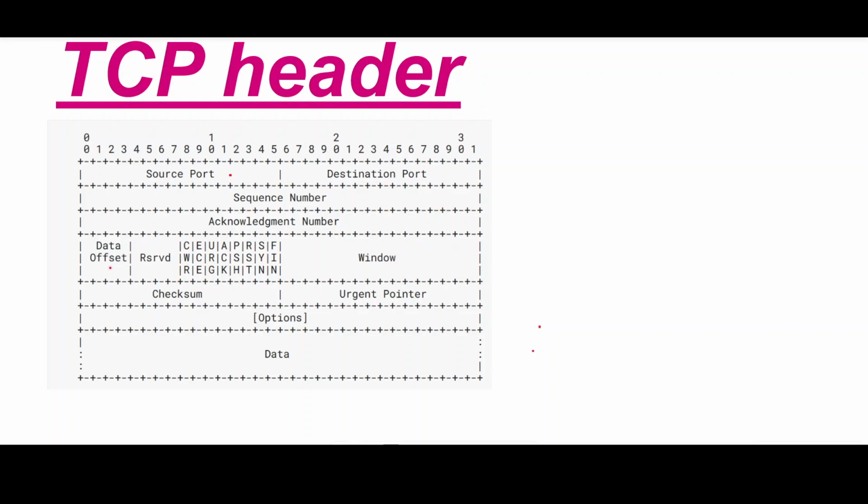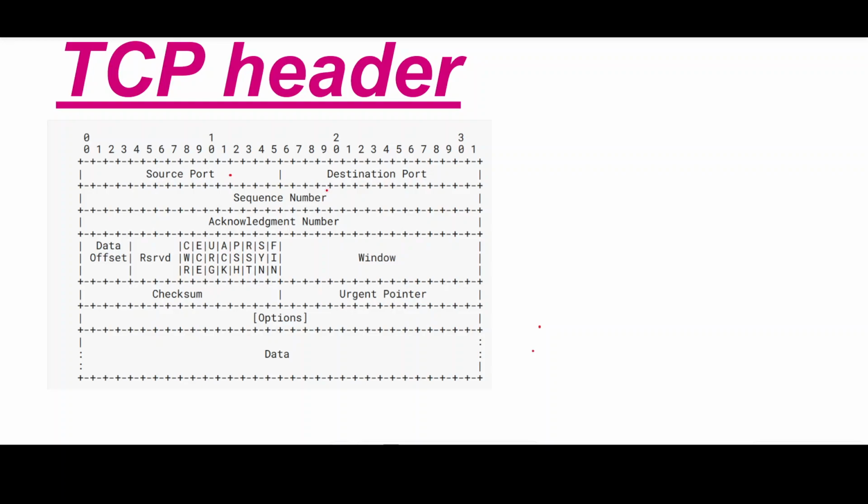Data offset is used to represent the length of the header. Acknowledgement is the next expected byte number. The sequence number is the initial unique number. Source port and destination port have many categorizations.